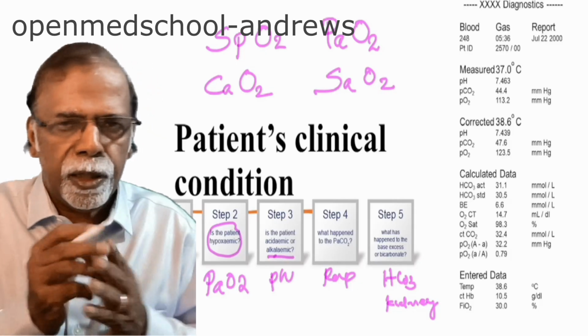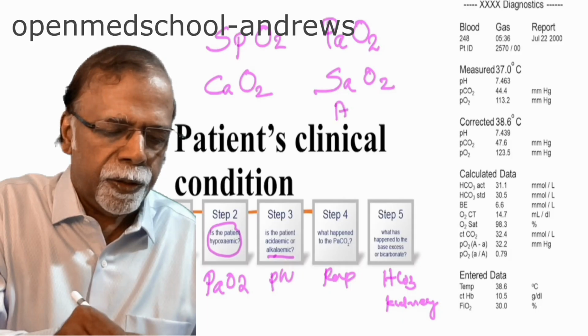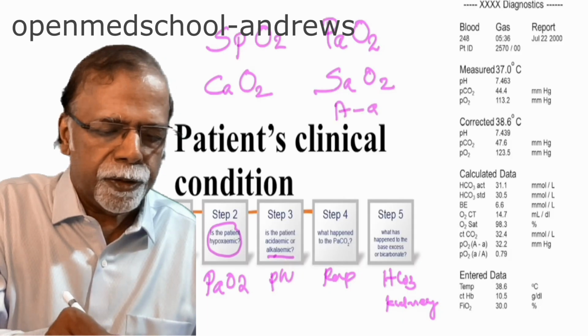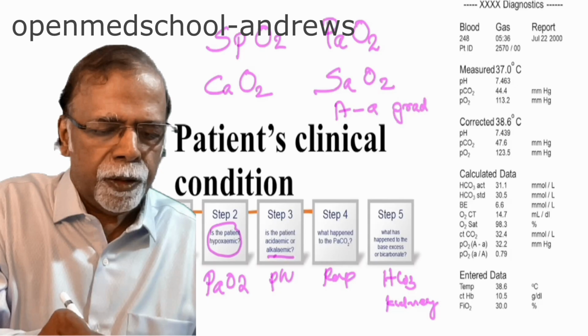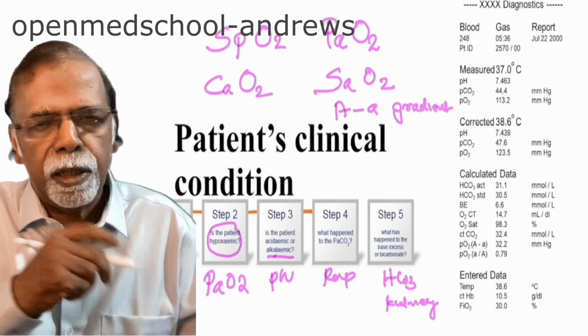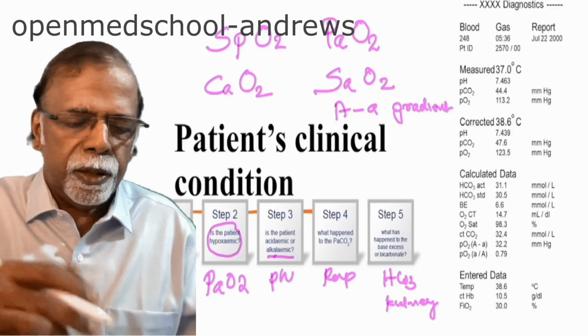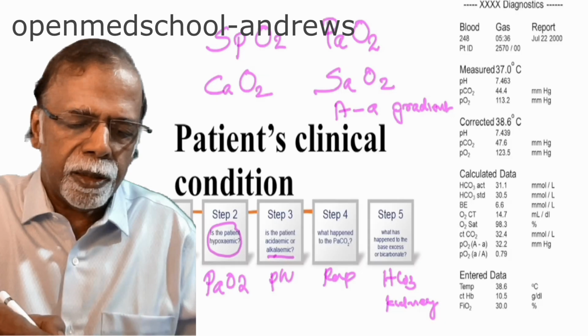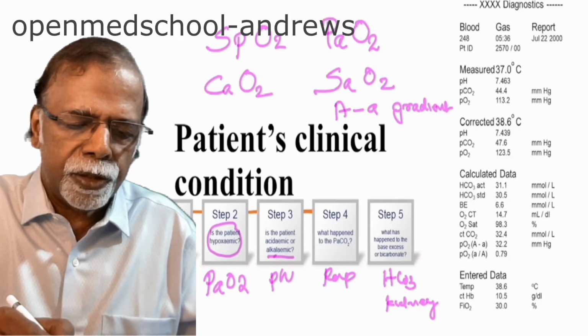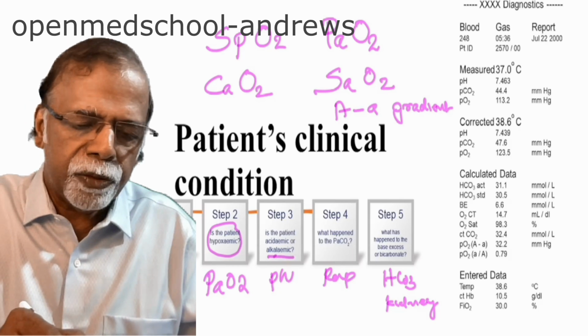And in order to know whether the lung is functioning, there is something called the AA gradient. AA gradient stands for the alveolar arterial gradient. So look at this ABG, you can see that first we will be looking at the PaO₂.